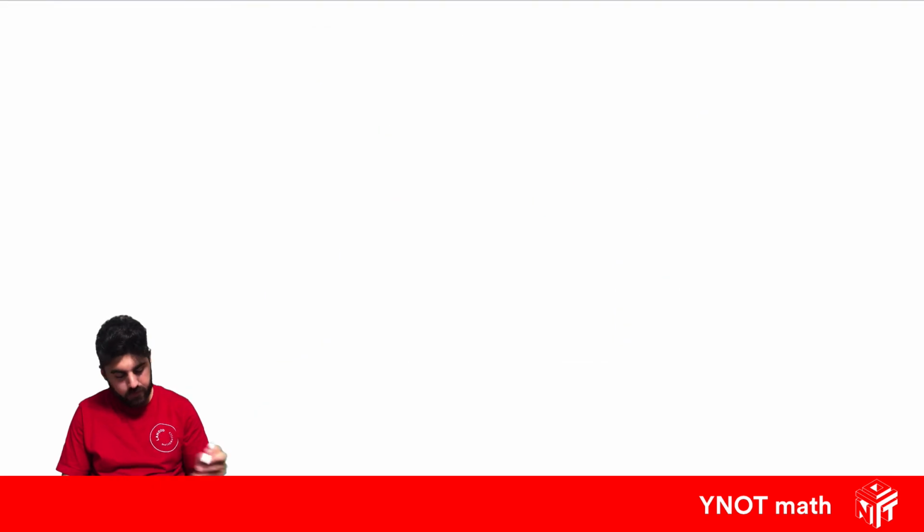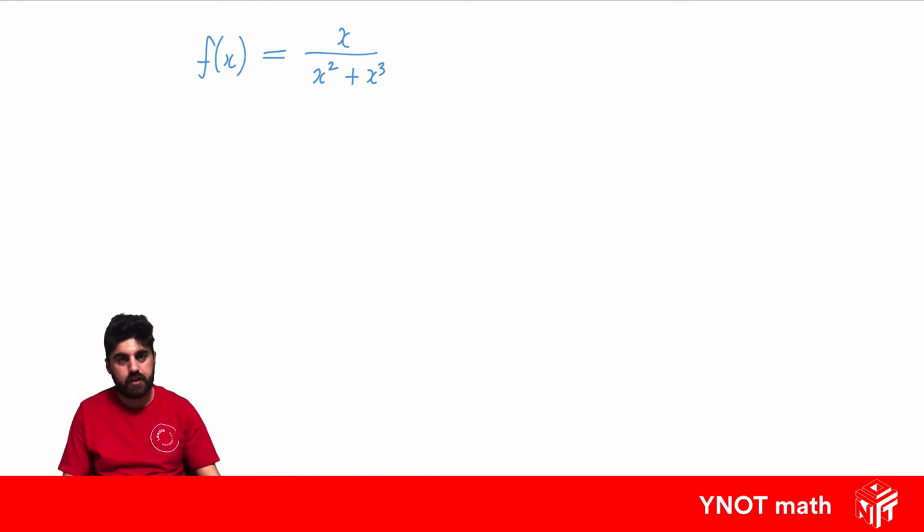Let's have a look at an example of how we can use this. So let's say we have a function x over x squared plus x cubed. And we want to know whether that function is odd, even, or neither.